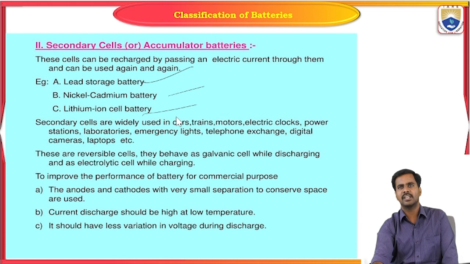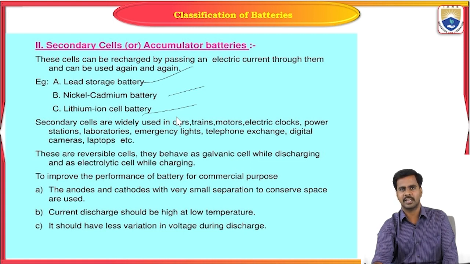Secondary batteries are widely used in transport vehicles like cars, trains, motors, electrical clocks, power stations, laboratories, etc. These are reversible cells. That means two types of reactions are possible in secondary batteries, that is reversible reaction as well as irreversible reaction.